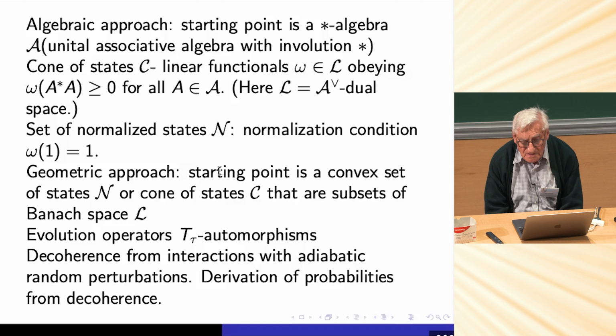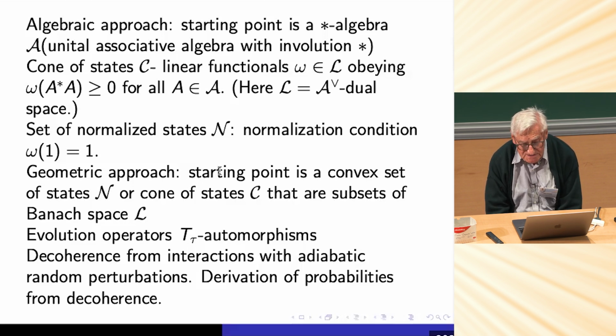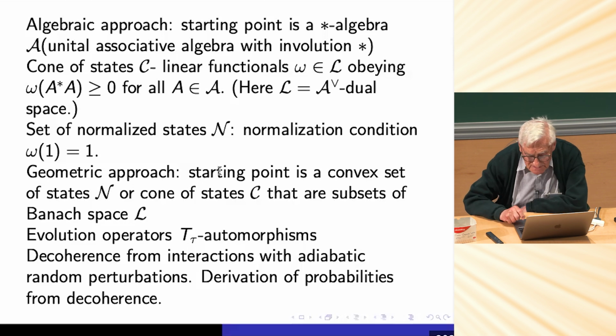If you impose adiabatic random perturbation on your theory, and if you have decoherence, you can say that you can define probabilities. In the case of standard quantum mechanics, you have standard rules of probabilities. That is not the stuff that I would like to discuss today.